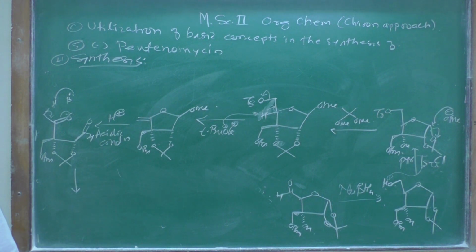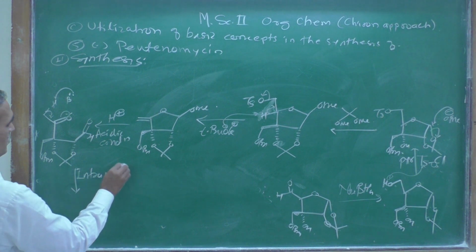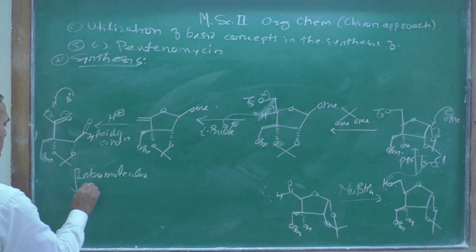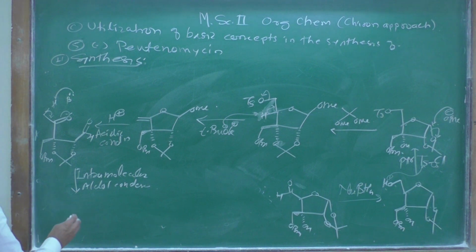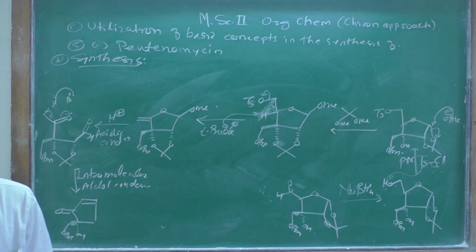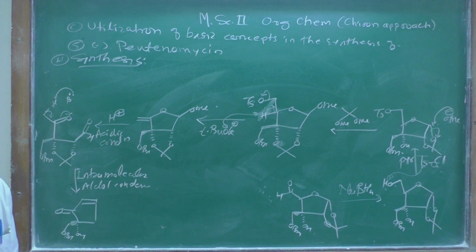There is an intramolecular aldol condensation. Intramolecular aldol condensation, and what are you going to get? You are going to get this type of compound over there. C double bond O, then OBn, OH, not OH, I think, OBn, yes, this still remains over there.